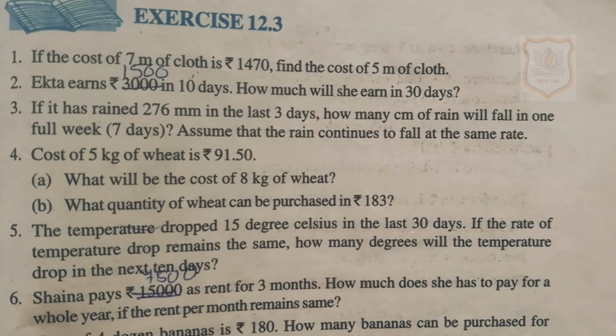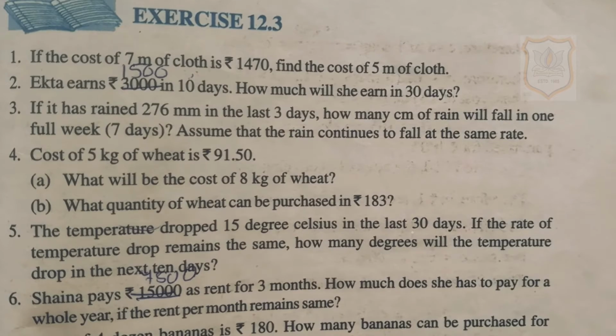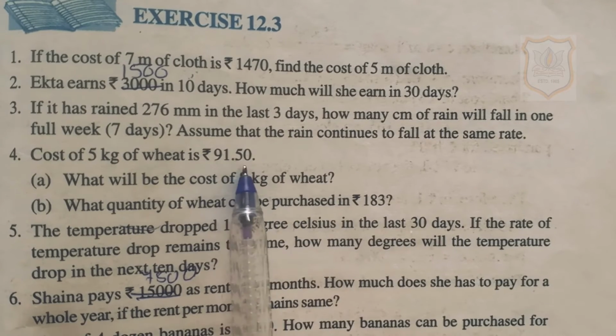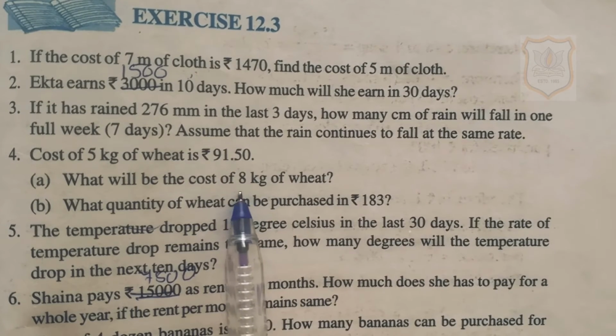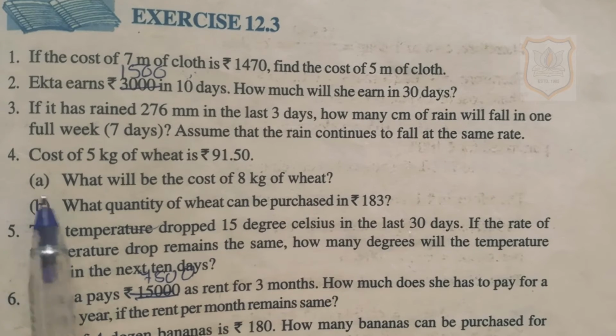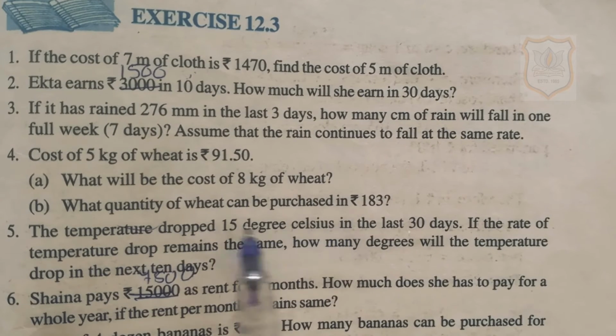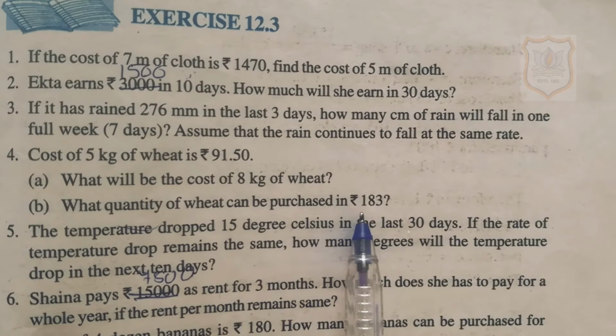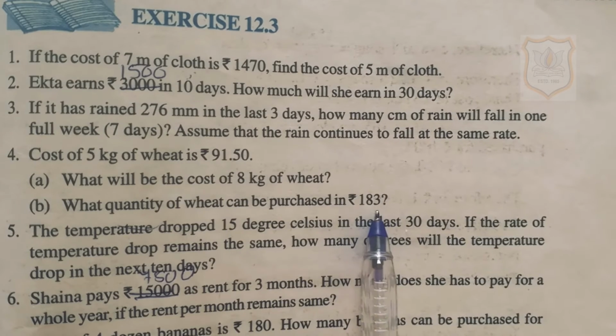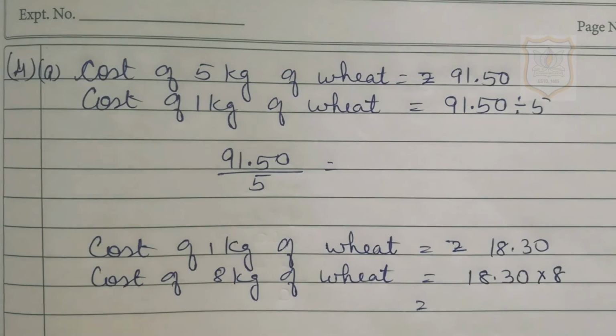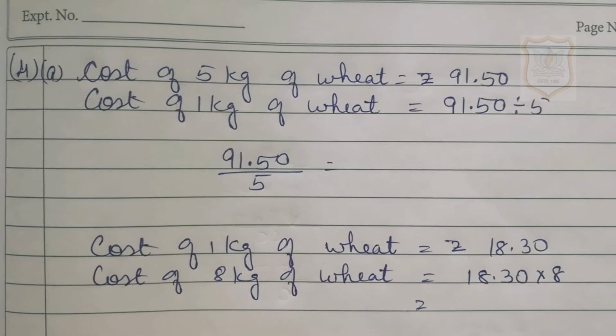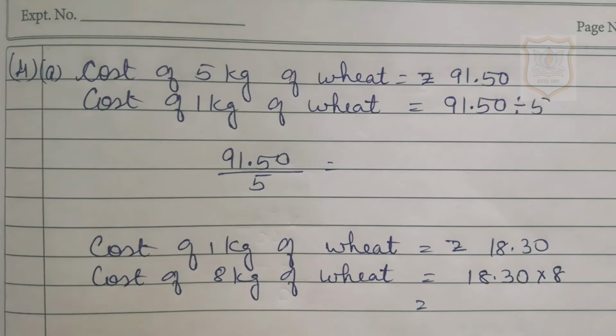Students, here what is given in the question is that the cost of 5 kg of wheat is rupees 91.50. We have to find out the cost of 8 kg of wheat in A part, and then we have to find out how much quantity of wheat can be purchased for rupees 183 in B part. Solution for sum number 4 of exercise 12.3.